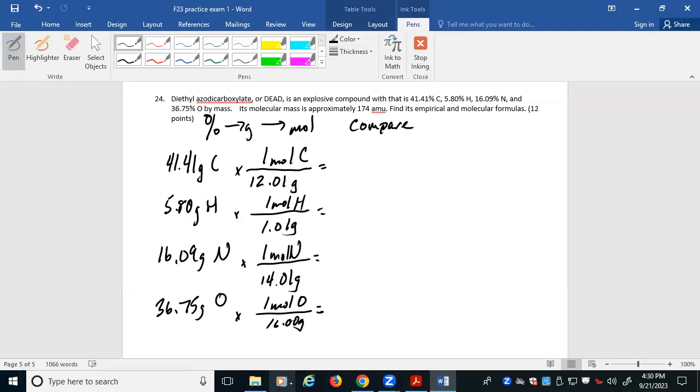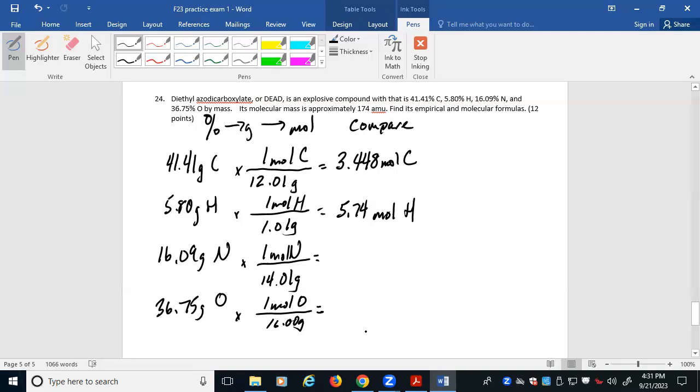So first conversion, 4 sig figs, 3.448 moles of carbon. Second conversion, 5.74 moles of hydrogen.